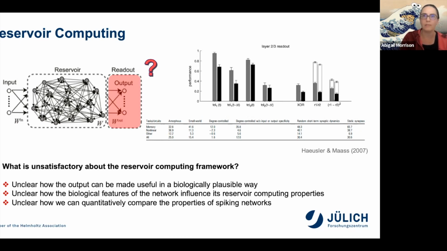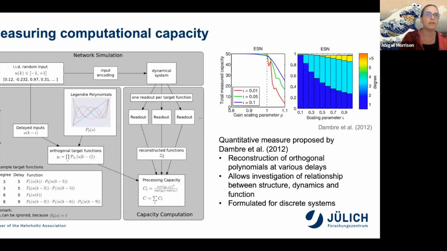So how can we quantitatively compare them? There was this very nice method developed by Dambre in 2012, which was formulated for discrete systems, and it works on the basis of creating orthogonal target functions, and then we can see to what extent we can reconstruct those target functions.